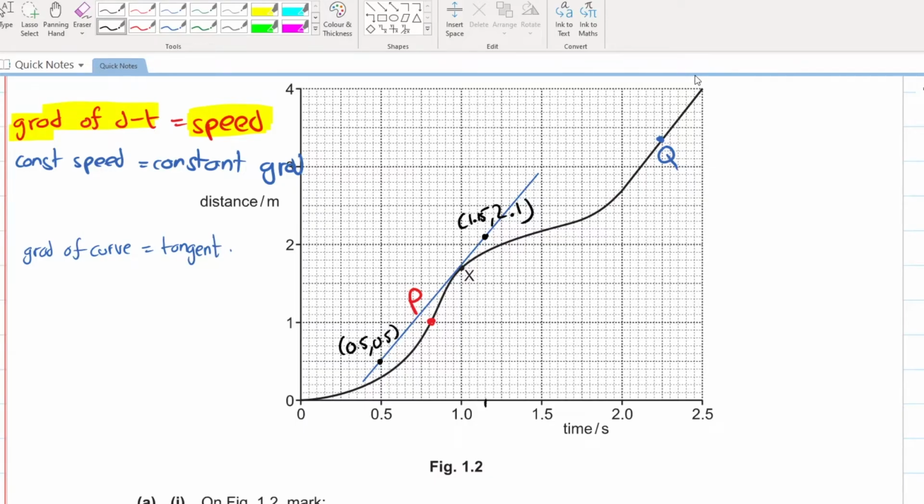Gradient is equals to 2.1 minus 1.1, no, sorry, 2.1 minus 0.5. This is your y2. This is your y1. This is your x2. This is your x1. 1.15 minus 0.5. What does your answer for gradient come out to be?